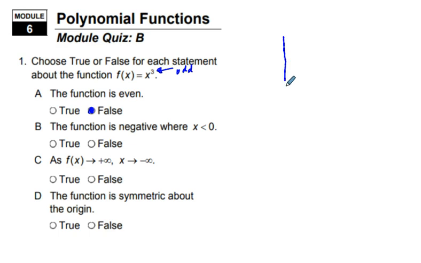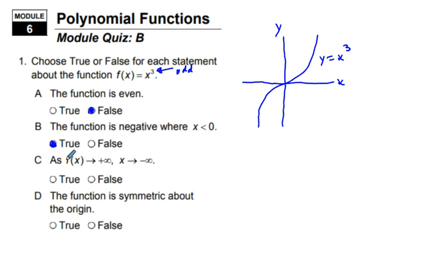And if you recall, and you can graph this quite easily on your calculator, the graph of the function looks like this, comes up, okay, y equals x cubed. And you can see to the left of the y-axis, where x is less than 0, the value of the function is negative.